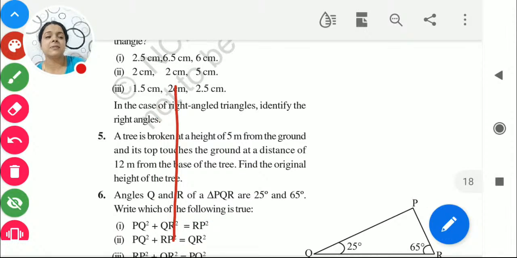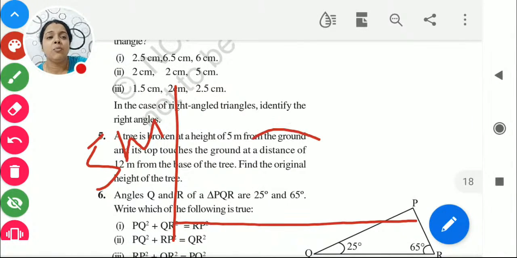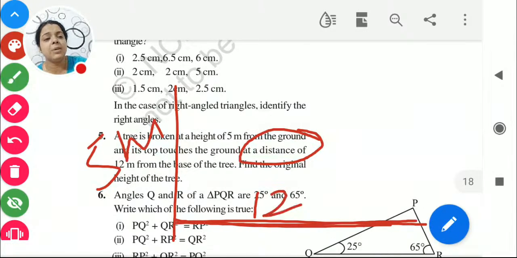Here comes 5 meter. Whatever the height of the tree is, it is 5 meter, so we just mention 5 meter. Now it says the top touches the ground at a distance of 12 meter, and it is asking for this one.